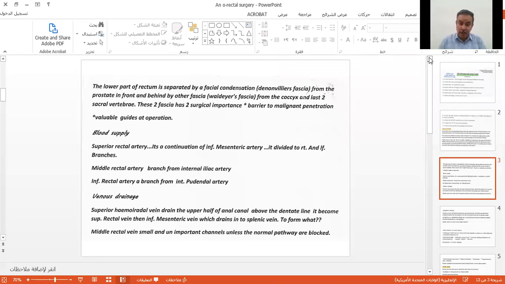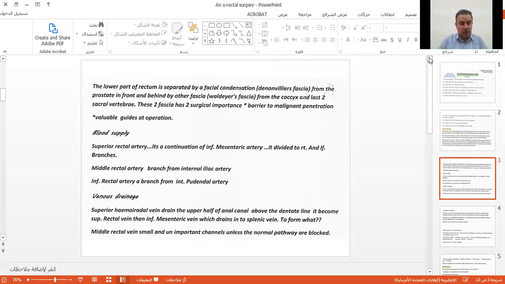Of course this is in the male, related to the prostate. In the female the relation is different: anterior to the rectum are the cervix and the uterus. This is in female; in male it is the prostate.